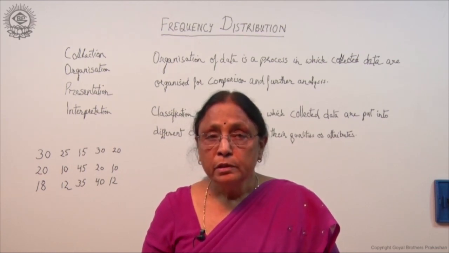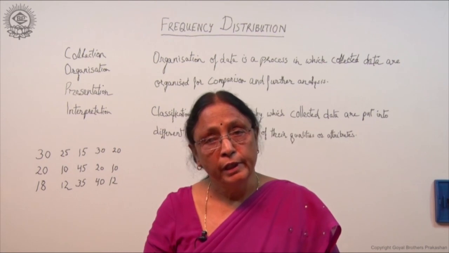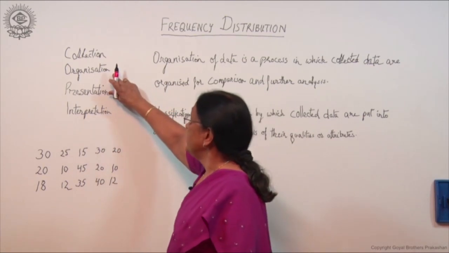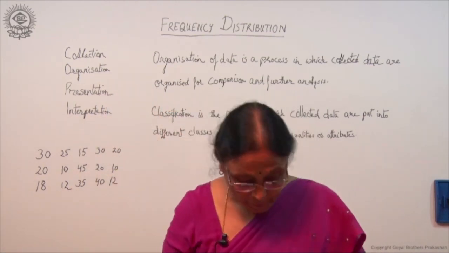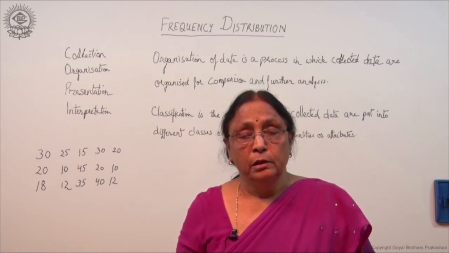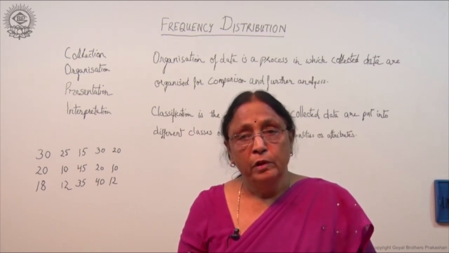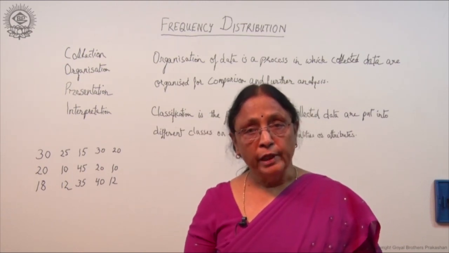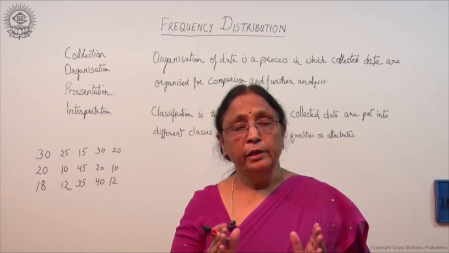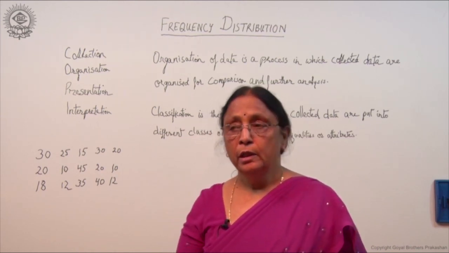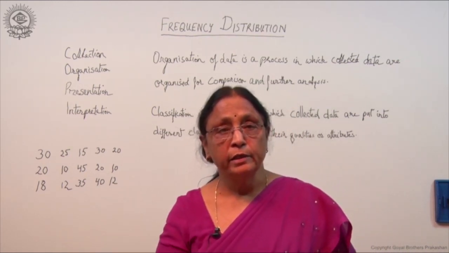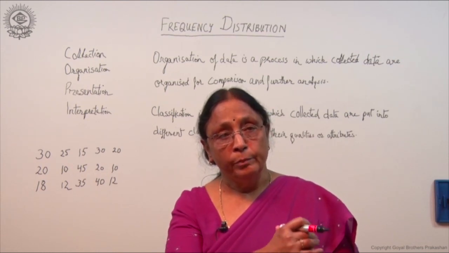In the previous chapters, you have studied different methods of collecting data, so I need not repeat it here. So we move to the second point, that is organization of data. What is meant by organization of data? The collected data itself has no meaning until it is organized in a proper form. If you just collect the data regarding the number of males and females living in a society, that won't solve your purpose unless you specify how many are living in a particular area.